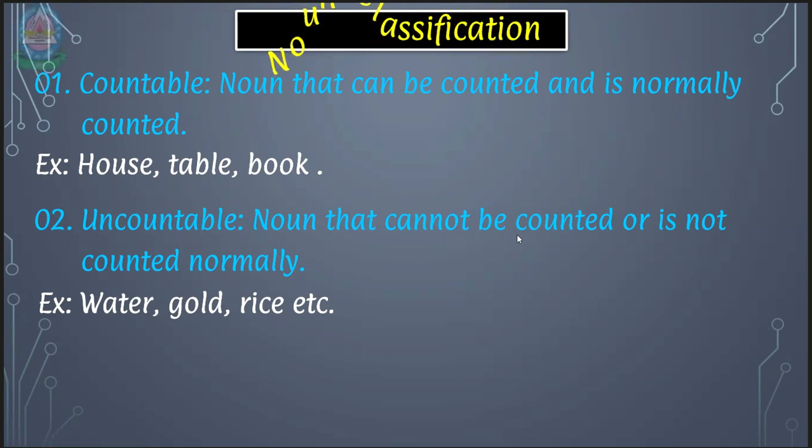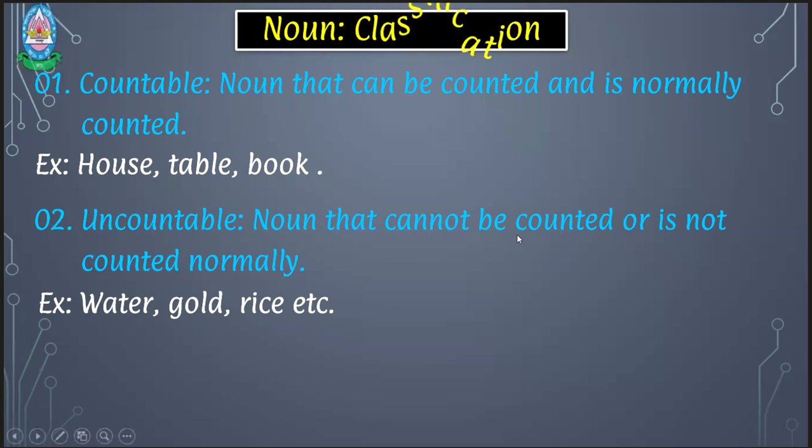And uncountable noun that cannot be counted or is not counted normally. অর্থাৎ কিছু নাউন আছে যেটাকে একদমই গণনা করা যায় না, আবার গণনা করা গেলেও আমরা সাধারণত গণনা করি না. Is it clear to you? Yes, sir. So the noun countable means noun that can be counted and is normally counted.